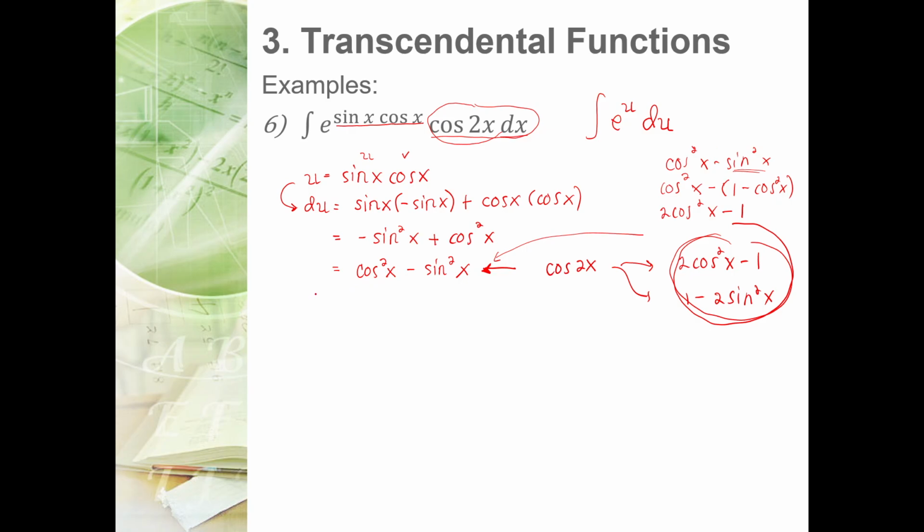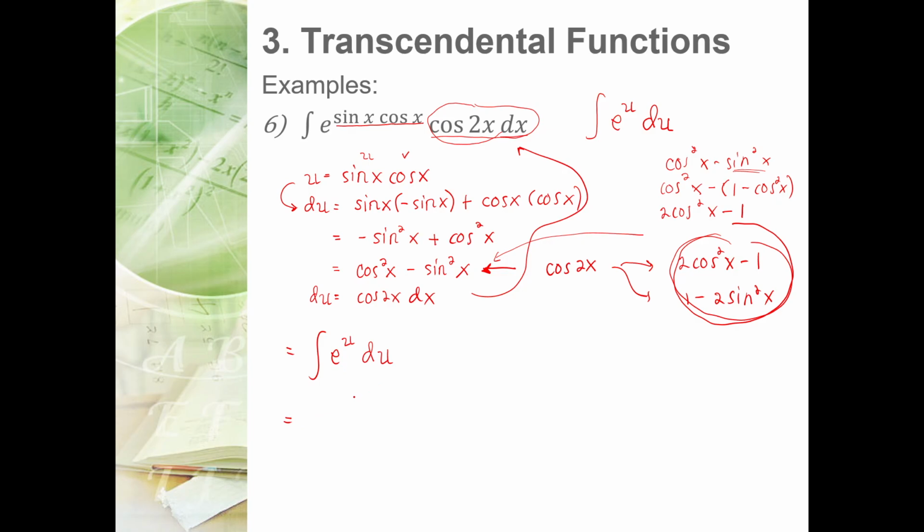Okay, so again, this can be declared as a double angle. So this one is cosine 2x dx. Okay, so of course the output of your u sub is a simple equation.